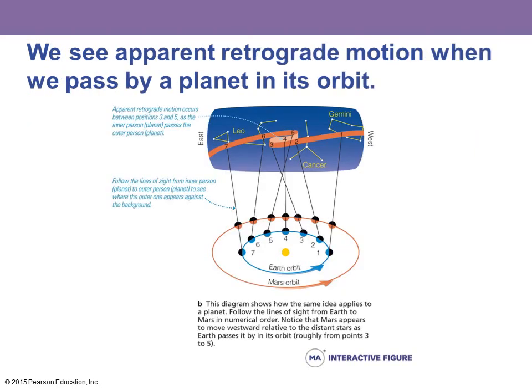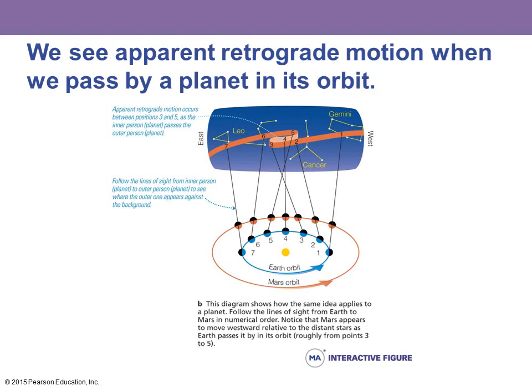But we can see it as something that happens pretty normally, as you see in this diagram, where one orbit passes the other, if you can say it that way. So, for example, Earth and Mars are shown here.